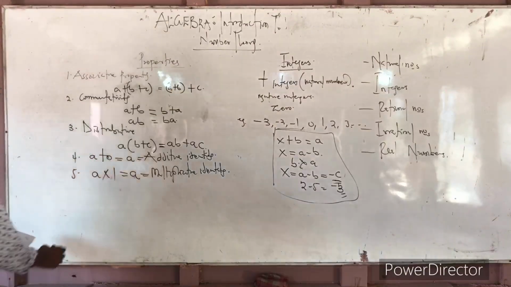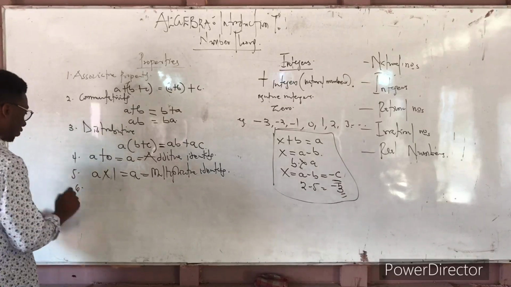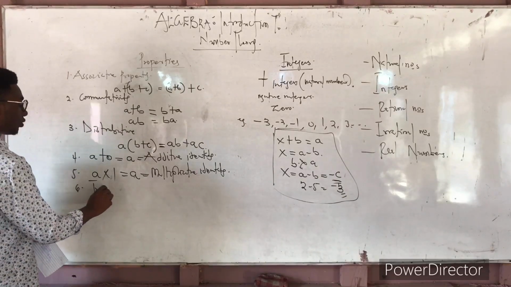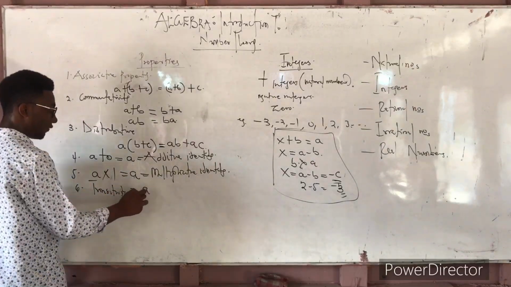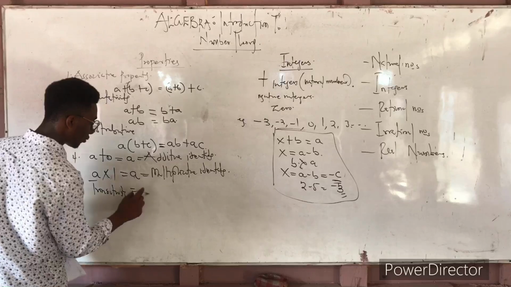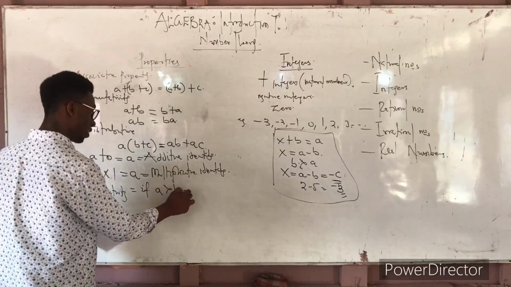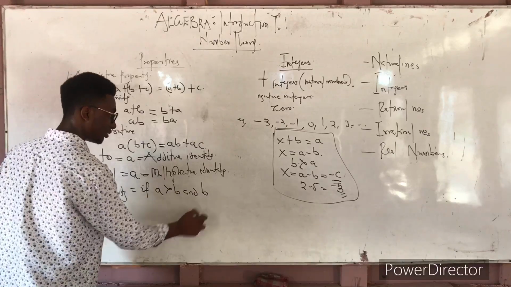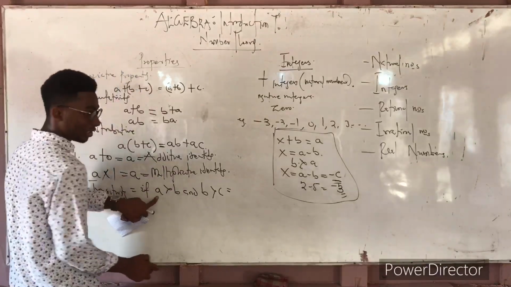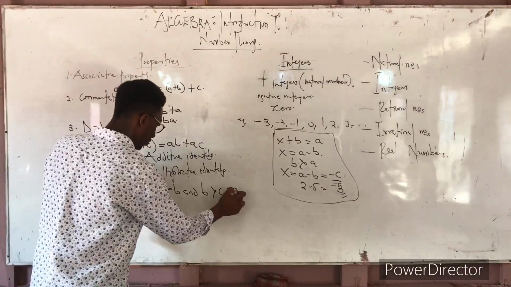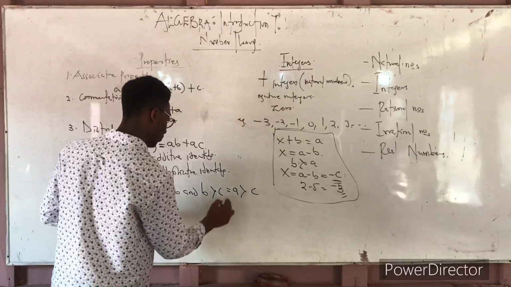Okay. Now we also have another property known as the transitivity property. The property states that if an integer a is greater than an integer b, and an integer b is greater than an integer c, then obviously the integer a will be greater than the integer c.